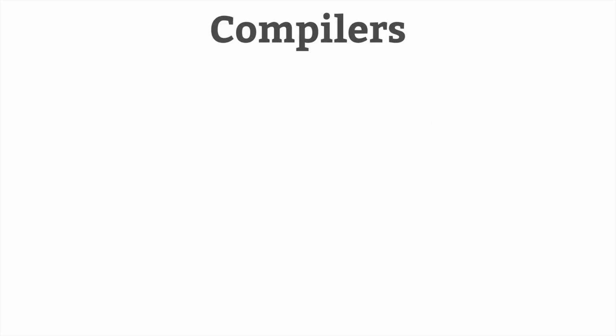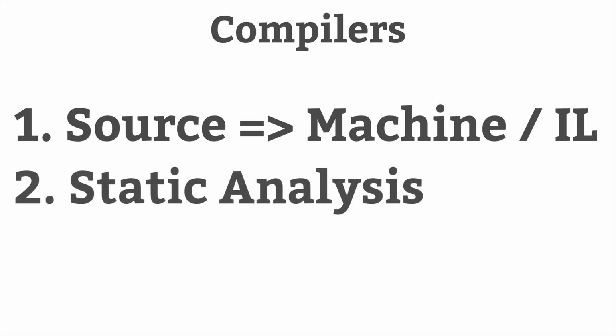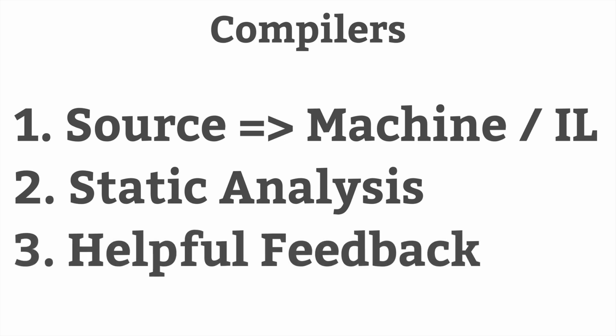Compilers can have many responsibilities, such as transforming source code to machine code or some other intermediate language, static analysis to check for bugs based on how you use your data types, and also, compilers often provide helpful feedback to developers if your code does something that's problematic.